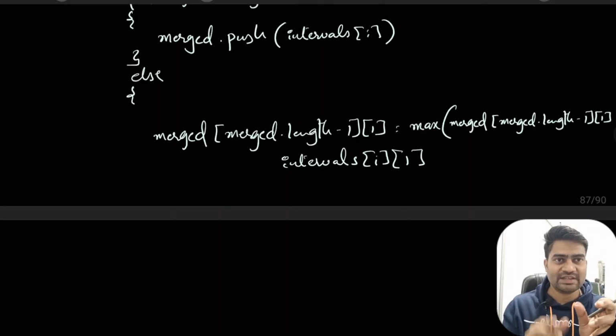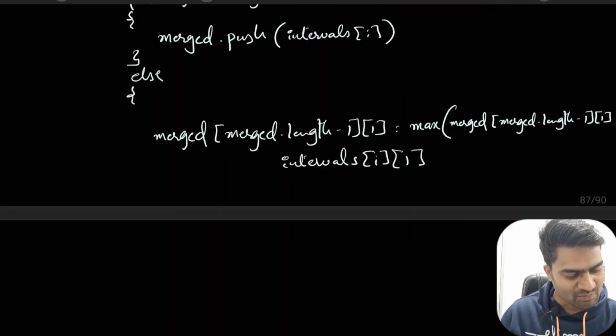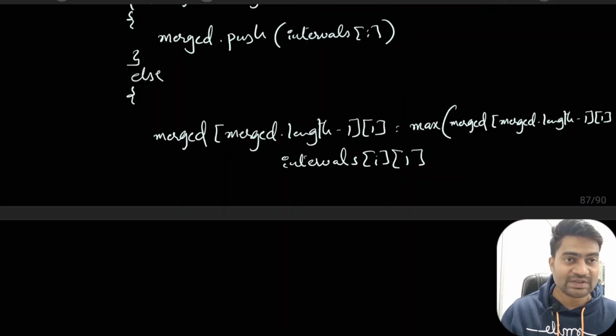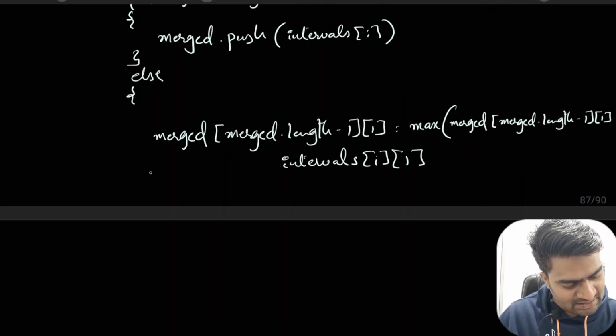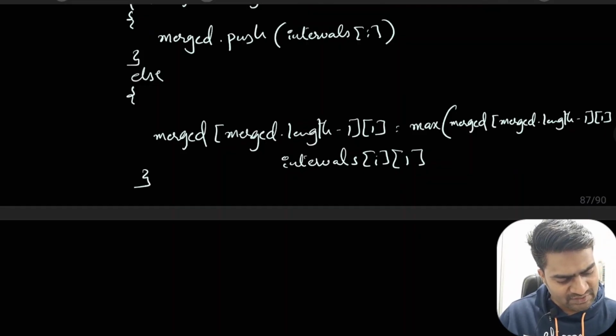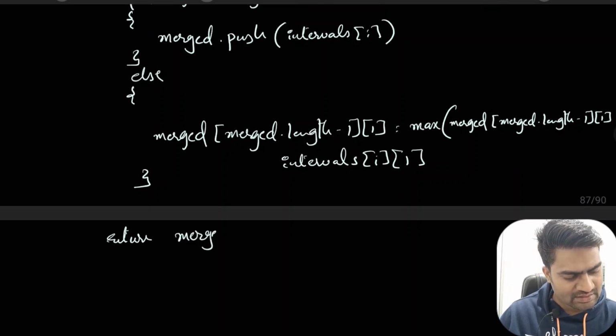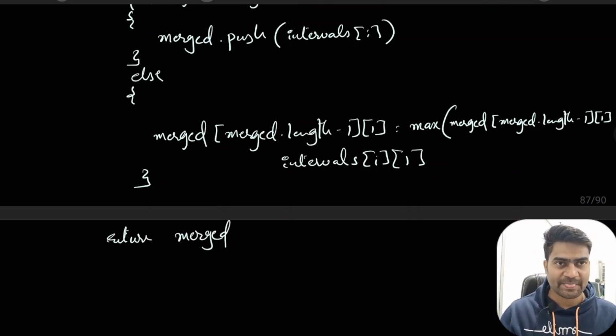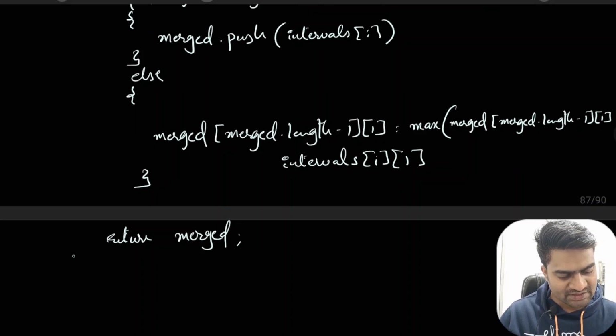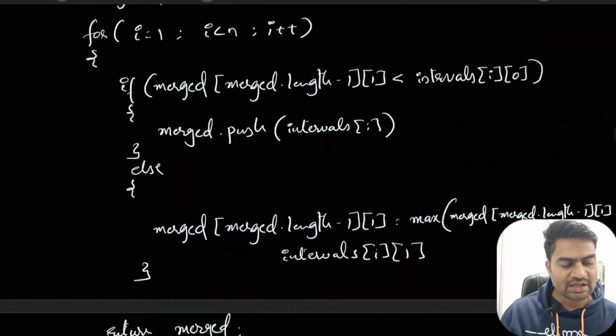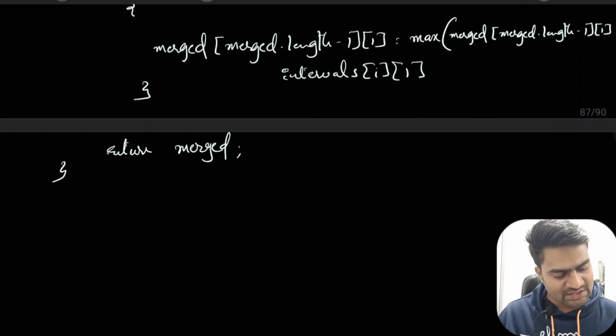So basically we need to take the max of the end value from both. Okay, so this will update, and finally we need to return the merged list. So this way, if you see what we are doing, we are sorting it.